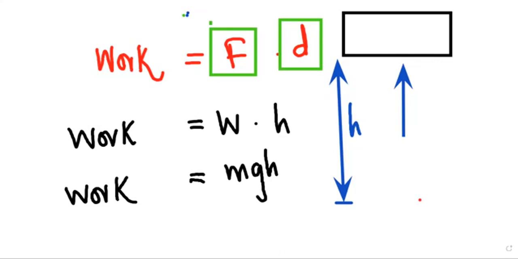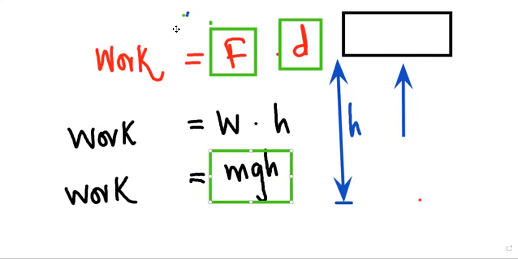And we know that this work done is going to be stored in an object. As we move this object away from the surface, we are doing some work on it. That work is going to be stored in this object in the form of energy.